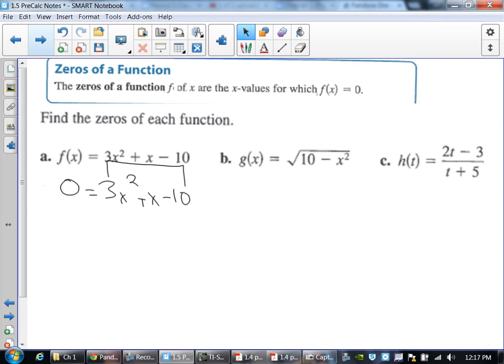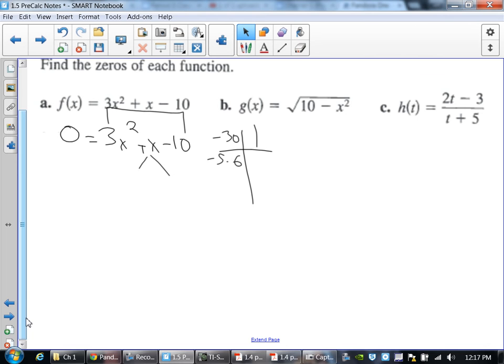What she said there is, what times what is negative 30 to get 1 in the middle. Negative 5, positive 6. Okay? It's just factor by grouping. I split this middle term out. Whenever I do factoring, it's usually a little bit longer than some of the other ways people have shown. But this method of splitting out that middle term will always work. Might take a minute, but it always works.